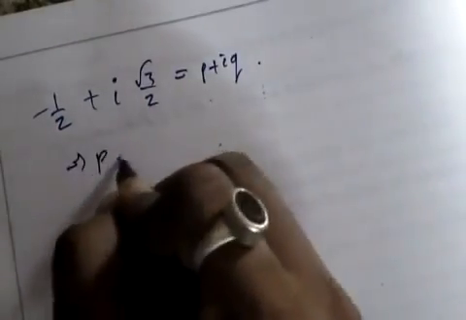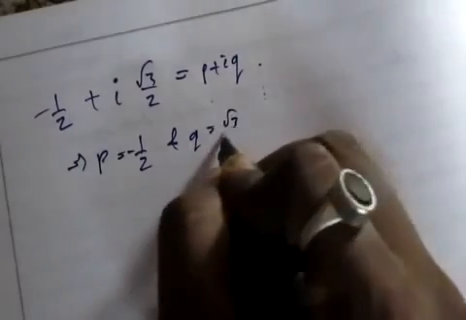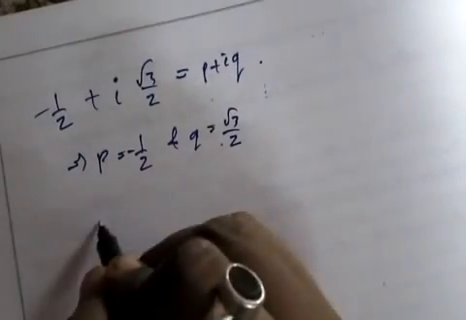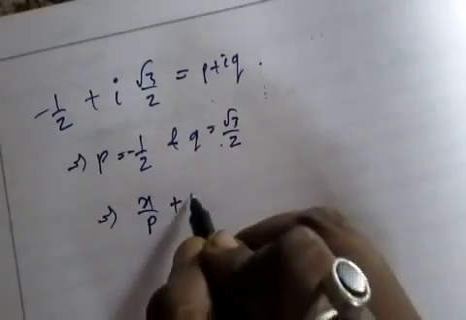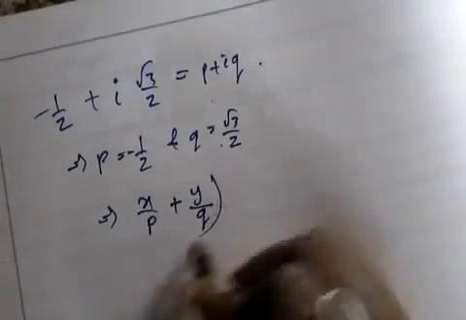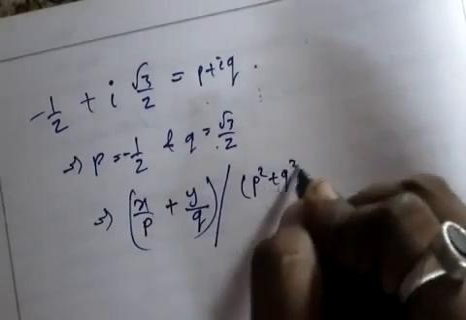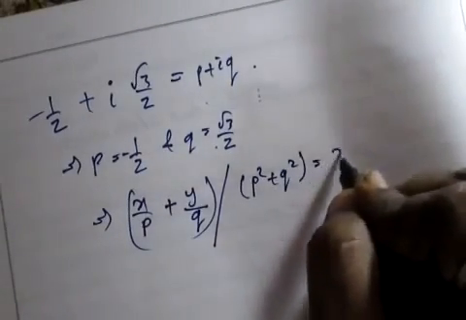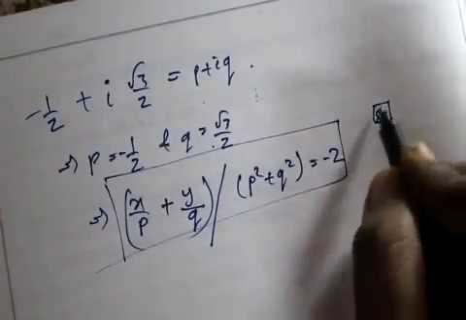This implies p = −1/2 and q = √3/2. This implies ((x/p) + (y/q)) / (p² + q²) is equal to −2.